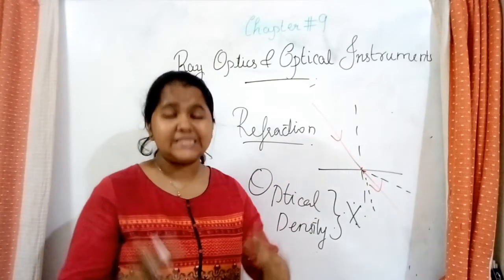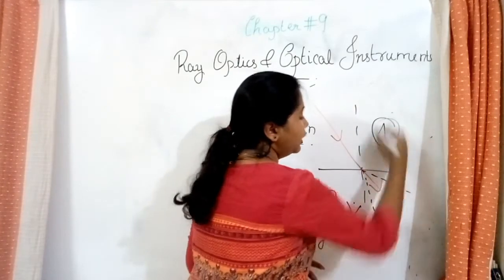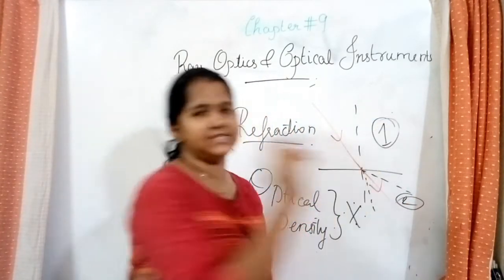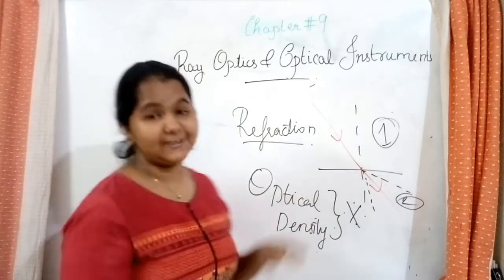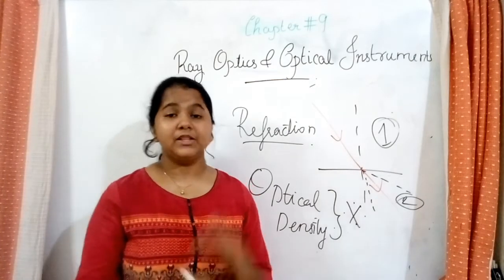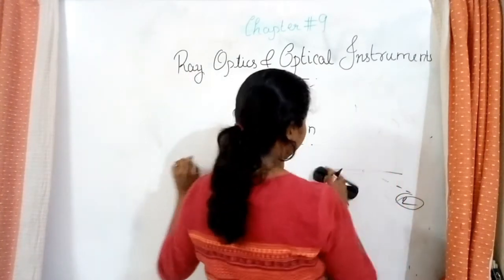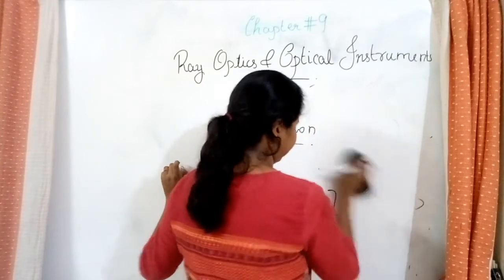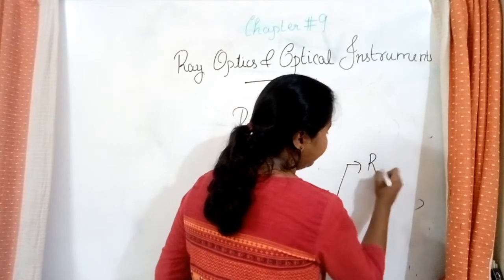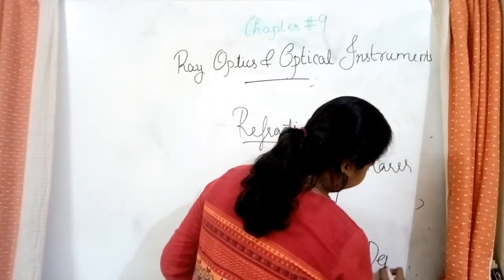Before that, let's revise the definition of refraction. Refraction means the bending of a light ray when it moves from one medium to another. It moved from one medium to another, therefore there is a bend. That is refraction. To talk about optical density, there are two types: optically rarer medium and optically denser medium.